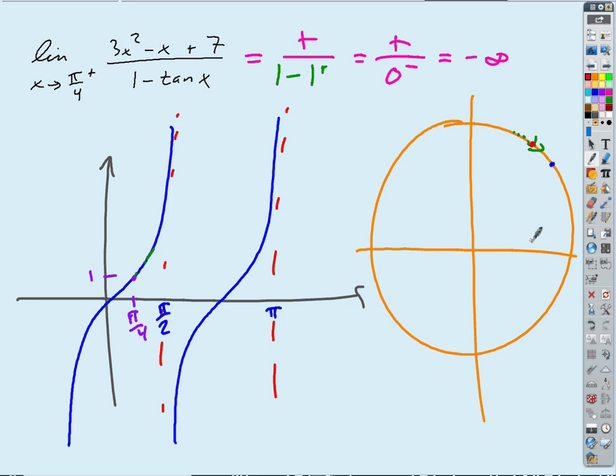The y coordinate is greater than 1, and the x coordinate is less than 1. Everybody see that? Big y, small x, so that's telling me that I'm getting a value greater than 1. That makes sense? So that picture gives us our 1 plus on the bottom.